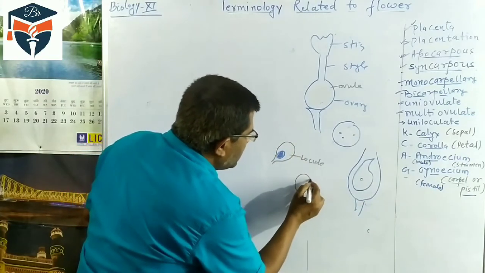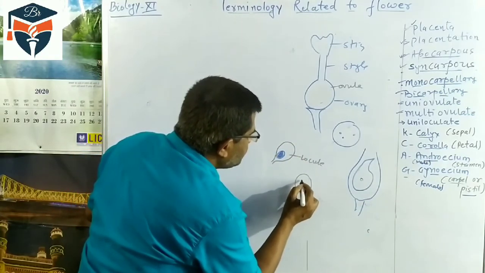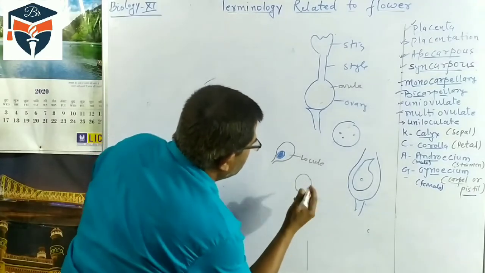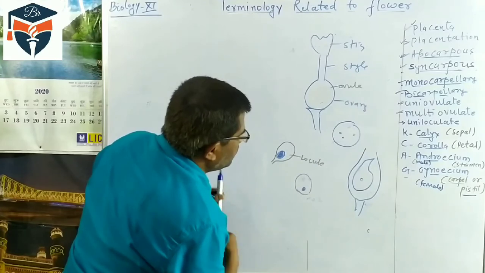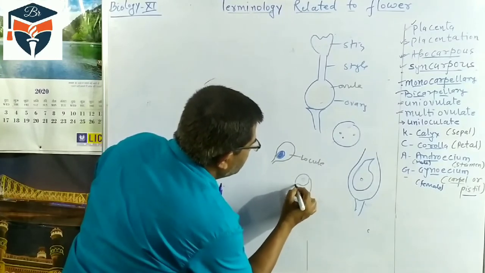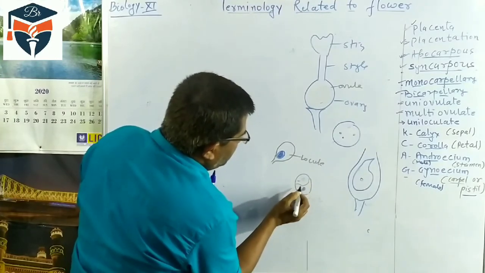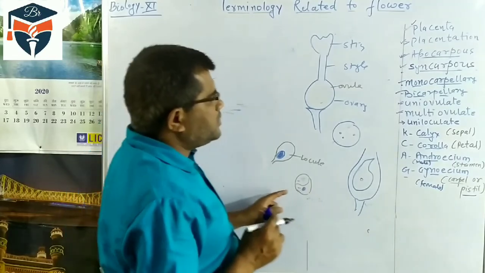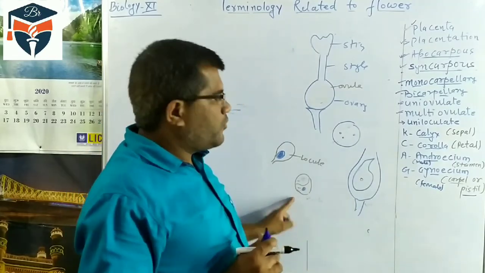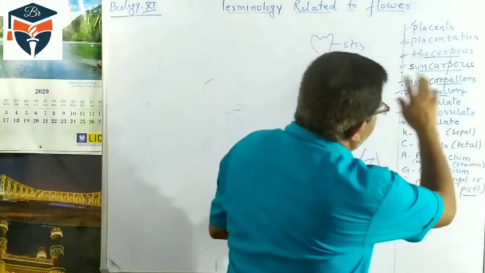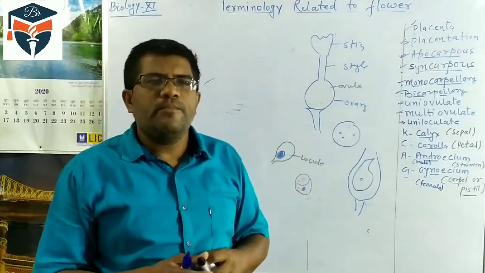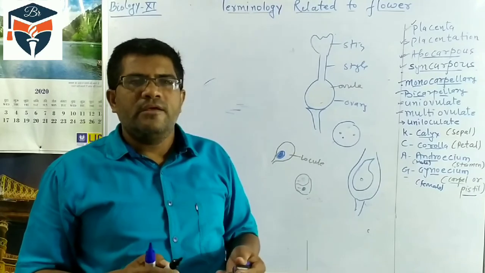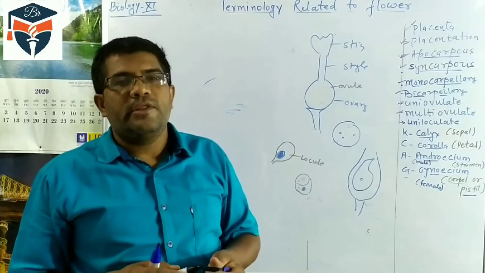To see another diagram, here are 2 ovules, and these ovules are in different locules: locule number 1, locule number 2. So it is called a biloculate ovary. These are the specific terms which are very important for understanding the terminology of the flower.